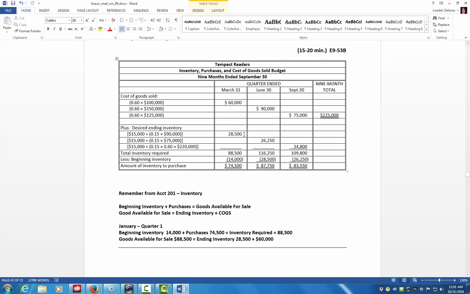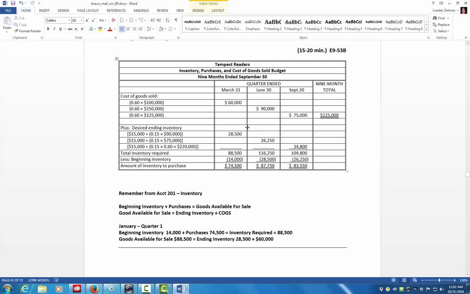The desired ending inventory for the prior quarter is our beginning inventory for the next quarter. That tells us the amount that we need to purchase of 87,750. And of course the logic flows here as well. Our ending inventory from the June 30th quarter end is our beginning inventory for September 30th. Okay.